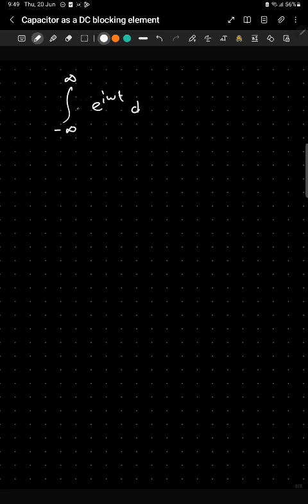that if you take the Fourier transform of a constant function, then you get a Dirac delta.